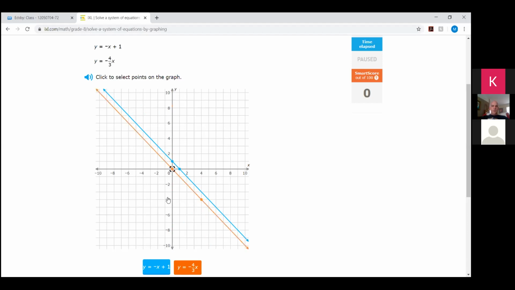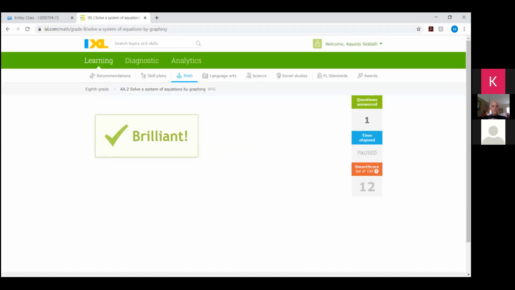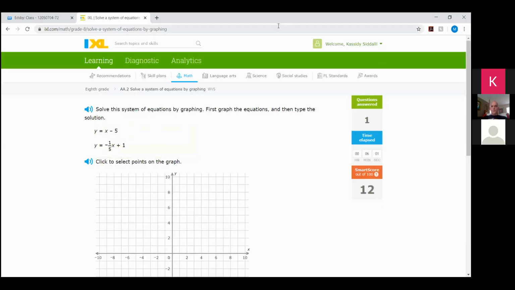You went right 4. Where they're crossing, that's the point that you want. So that point is -3, 4. Okay, thank you.